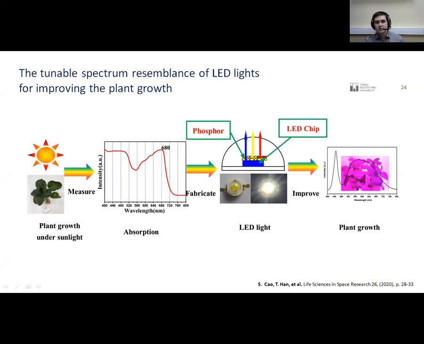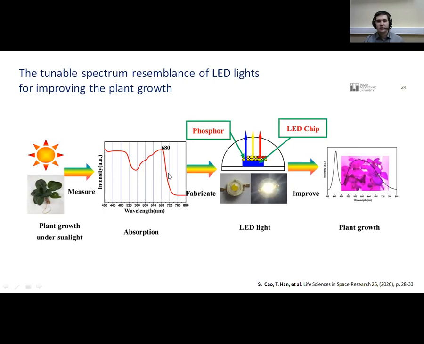The blue light of 400 to 500 nanometers is important for chloroplast development. The red light, peaking at 600 nanometers, affects plant morphogenesis and develops the photosynthetic apparatus by regulating the synthesis of photochemicals.